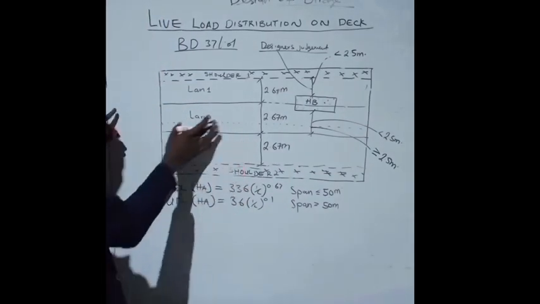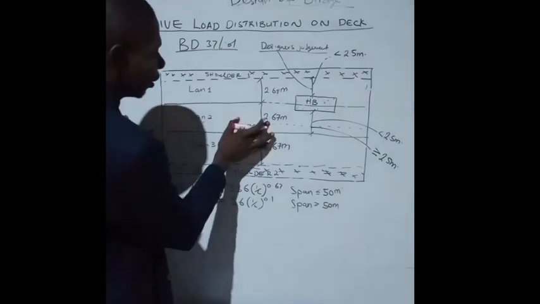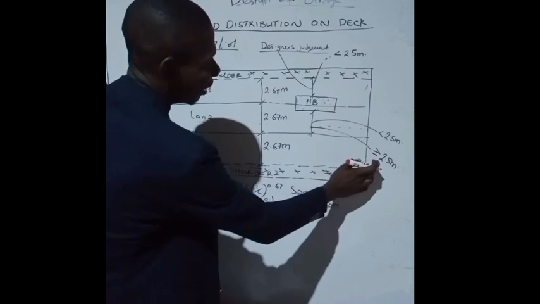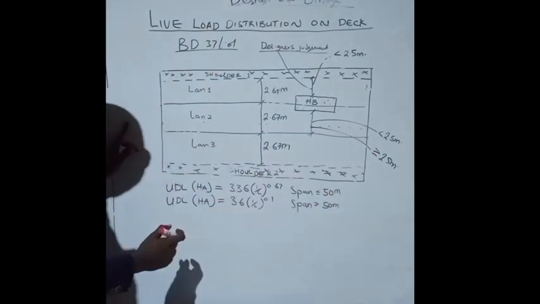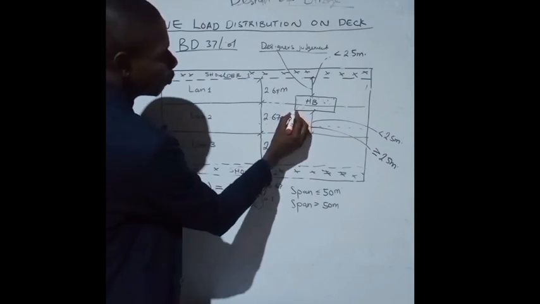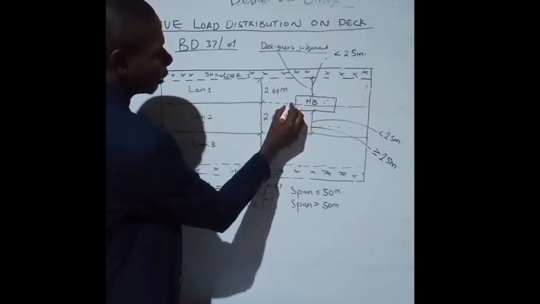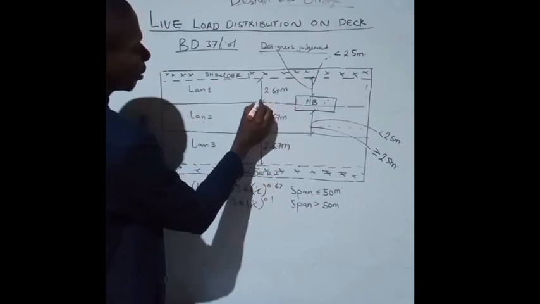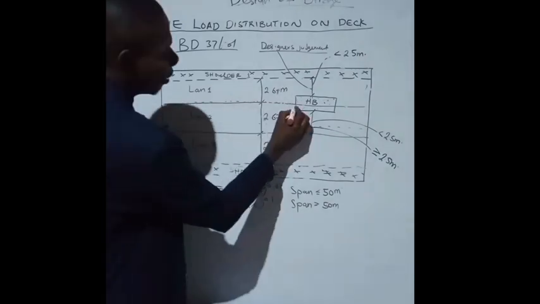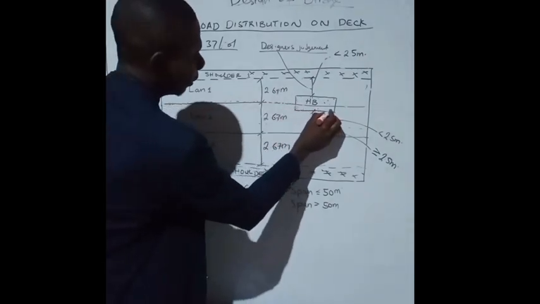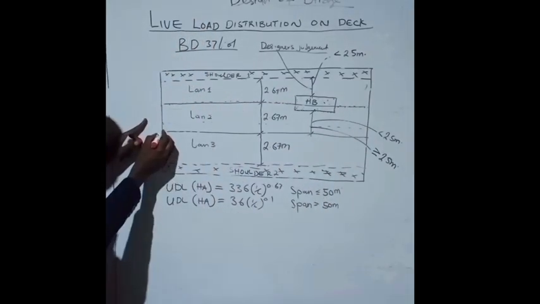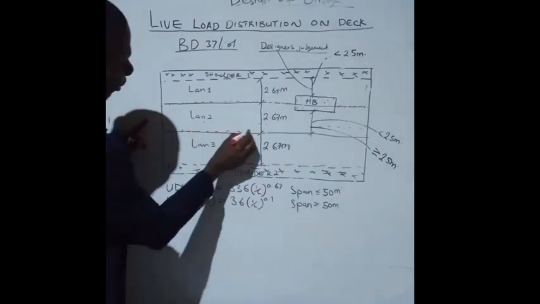But if on the other hand, you have your distance greater than 2.5, what will be displaced in this place will be just this boundary. The load on these boundaries will be the loads that will be remaining from here down. Let me just indicate it.